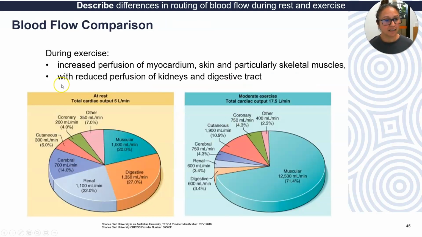Here we go. Look at this. When you're just chilling, look how much is going to your kidneys. So when you're chilling, you're making urine, and you're digesting the beer that you had, or the McDonald's that you had.